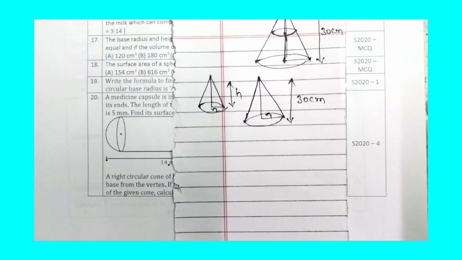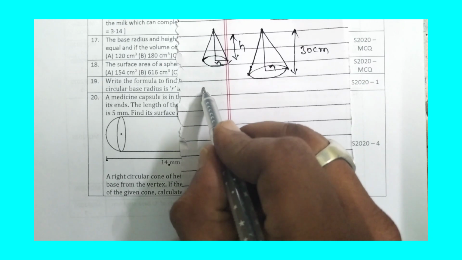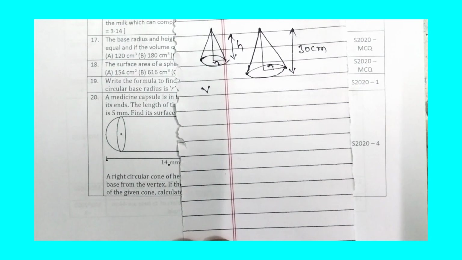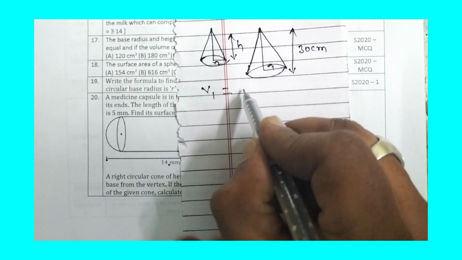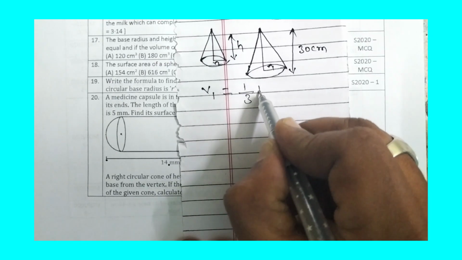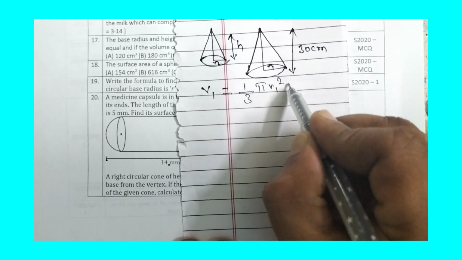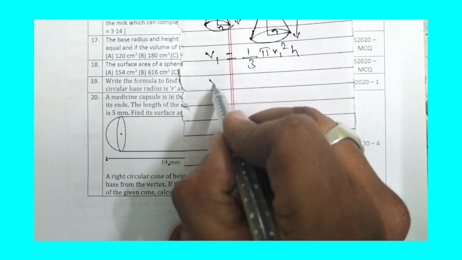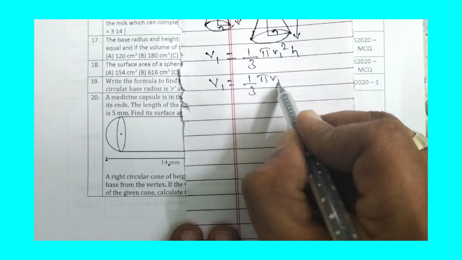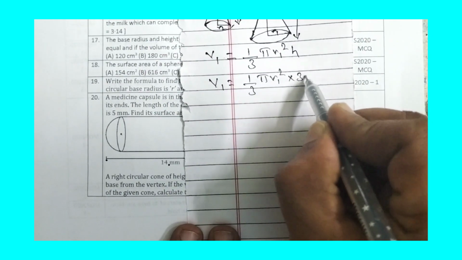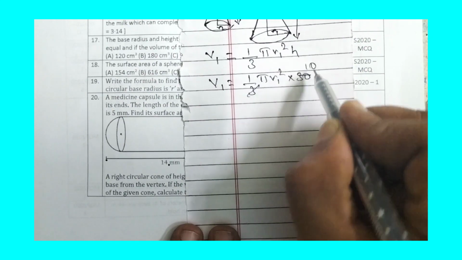So let us first take the volume of the bigger cone. Let us call the volume of the bigger cone V1 and the volume of the smaller cone V2. V1 is the volume of the bigger cone, which is equal to 1/3 pi r1 square h. So volume of the bigger cone is 1/3 pi r1 square into h, which is given as 30. 3 ones are 3, 3 tens are 30.